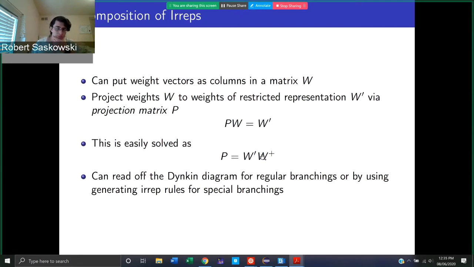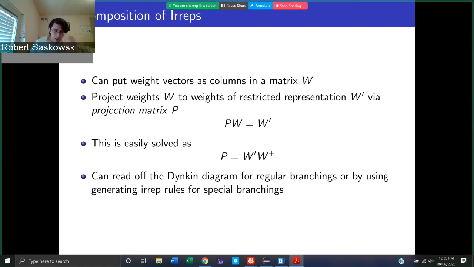Now, of course, you can't necessarily do this just for any old set of branching rules. And the reason is because we're not always going to have enough information for this to actually give us a good result. What I mean by that is, for example, if you just take the trivial representation, you know the trivial representation is going to branch to the trivial representation.